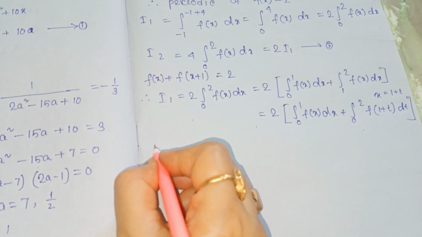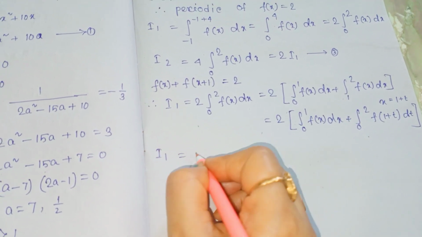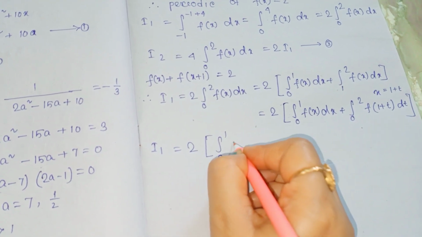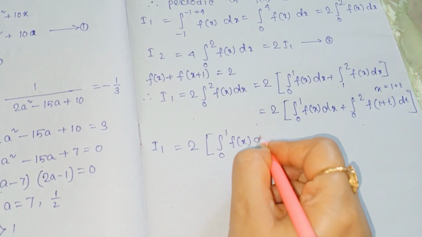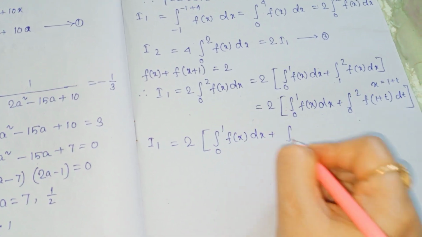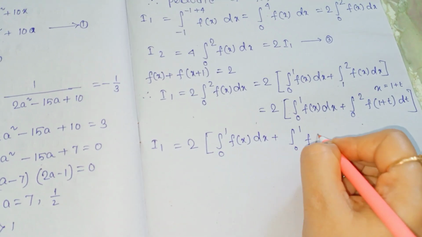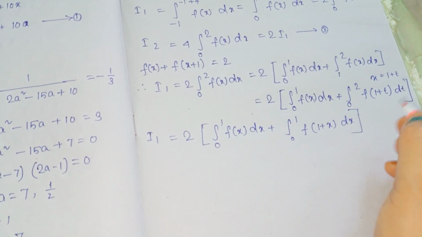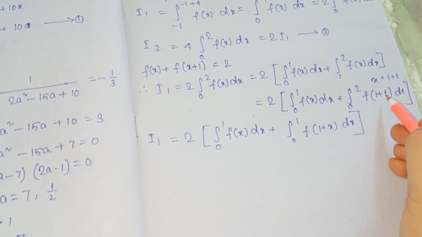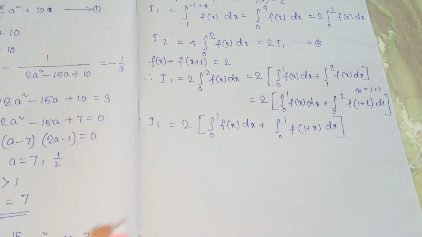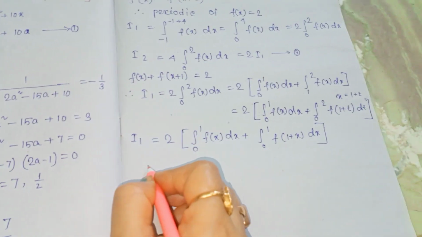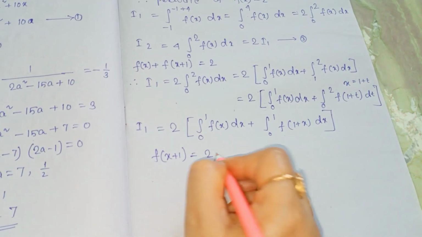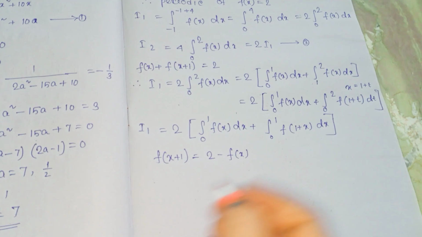Replacing t as x, so I1 is equal to 2 into the integral from 0 to 1 of f(x) dx plus the integral from 0 to 1 of f(1 + x) dx. Now f(x + 1) is equal to 2 minus f(x).